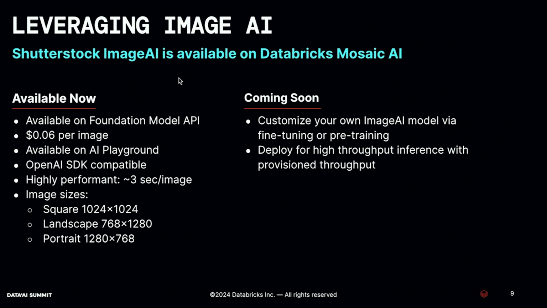We're working on some additional support on our platform coming very soon. You can customize your own model via fine-tuning or pre-training, so that is the next step. Also, if you would like to deploy this model for more production use cases, or you want higher throughput, we are going to add the option to deploy this model via provisioned throughput.